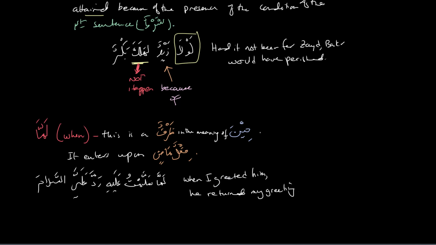Lamma is a zarf in the meaning of hina. When it enters upon fi'l madi, lamma sallamtu. Just to bring to your attention, this is fi'l madi. Lamma sallamtu alayhi radda alayhi salam. So that's that.